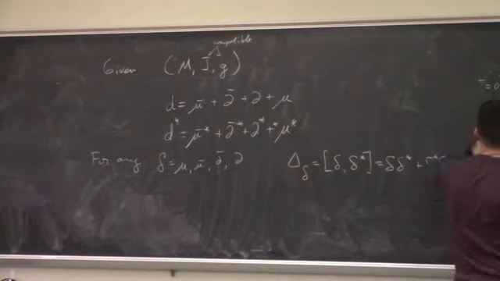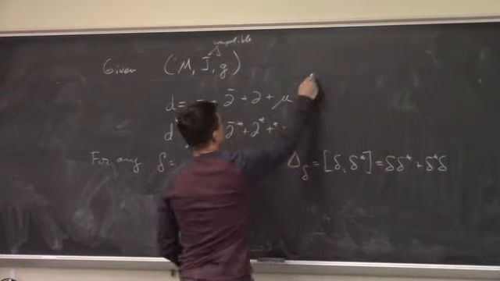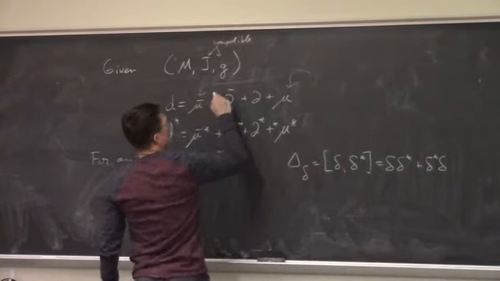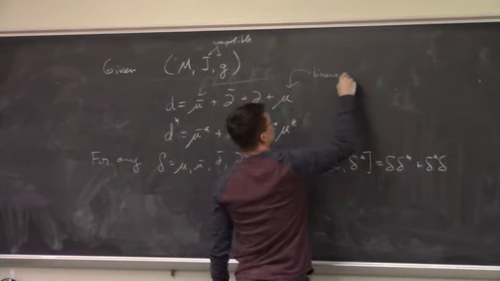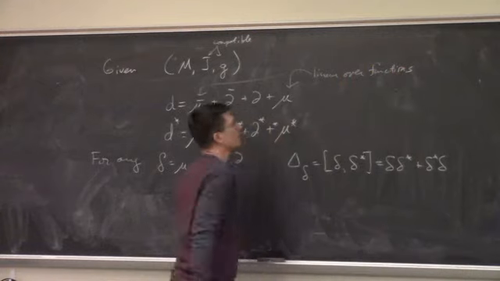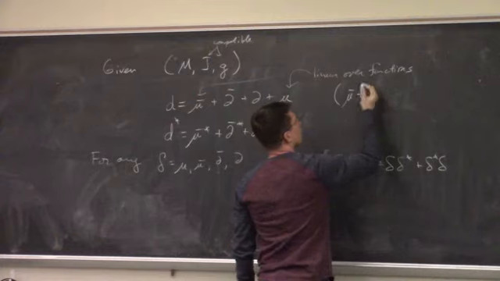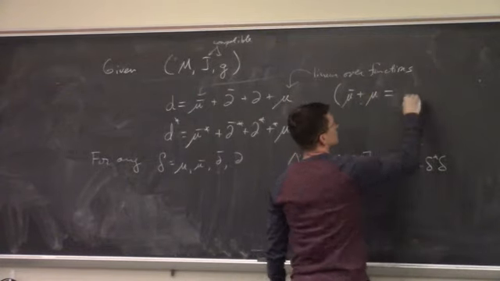And they take on very different properties depending on which one you use. We mentioned earlier that this operator here and this operator here are linear over functions. And I should have said earlier that this is secretly the dual of the Nijenhuis tensor, if we know what that is.